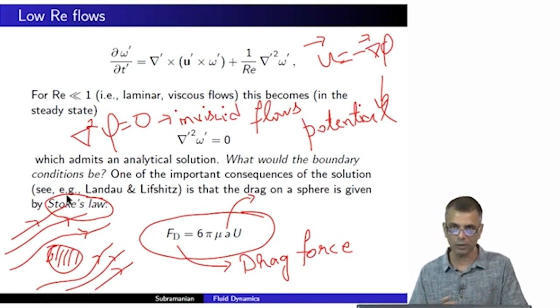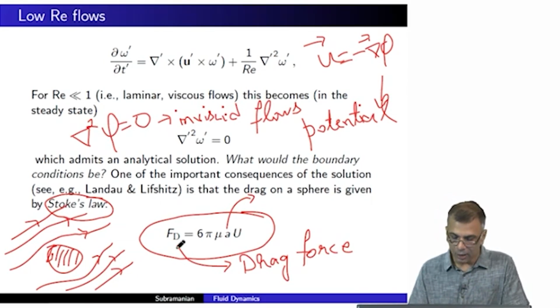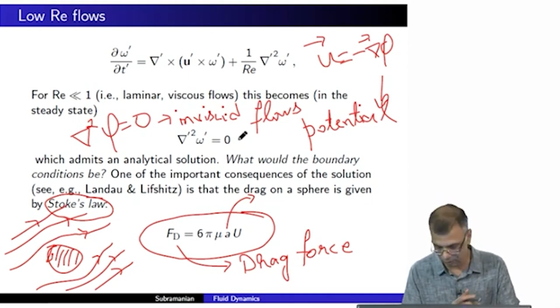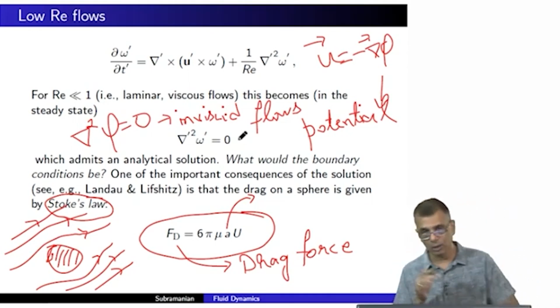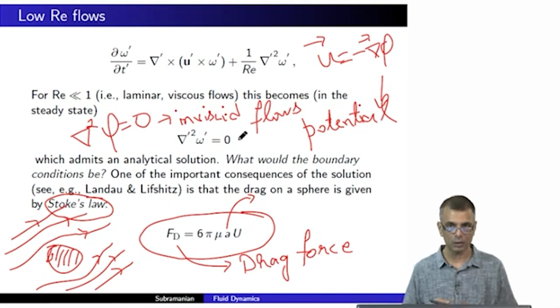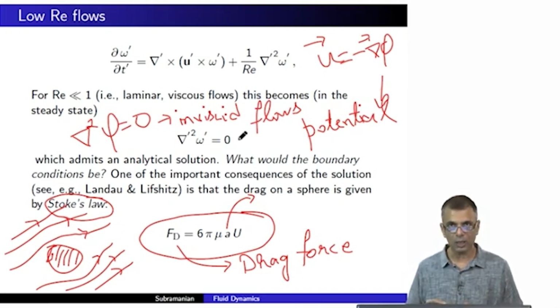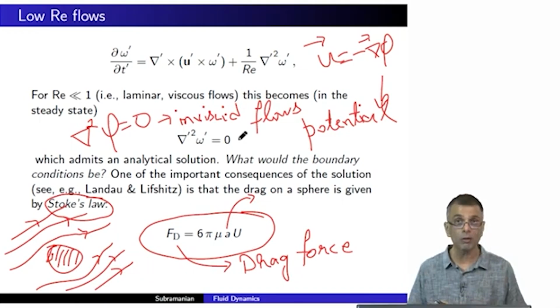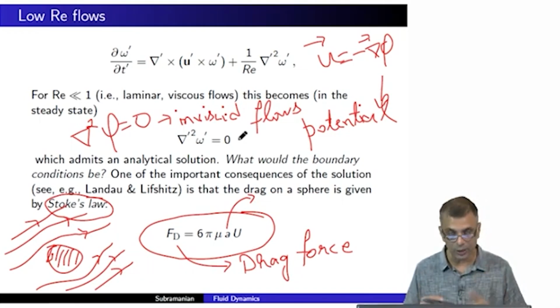I'm not going into the details of how exactly this drag law is derived from the solution to this. Okay, you can look up Landau-Lifshitz or other similar texts, maybe Kundu, the text that we've discussed in the beginning. But suffice it to say that this is what the solution to a low Reynolds number situation predicts.